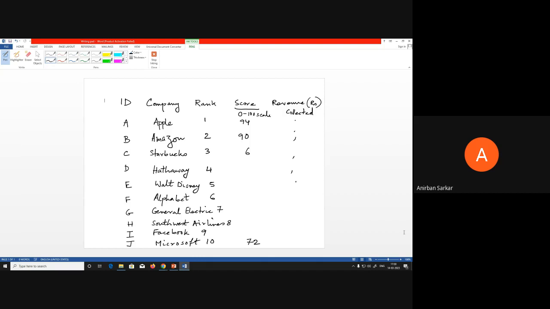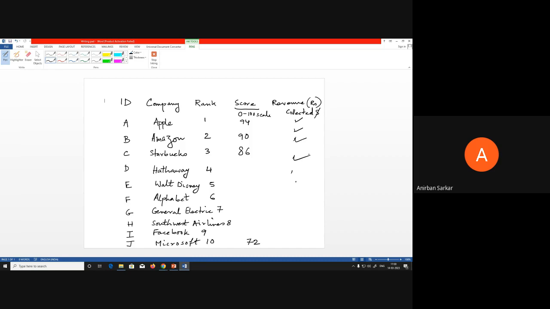Similarly, Starbucks has the third rank with score 86, likewise. And revenue collected, say in rupees or dollars, throughout a particular year. Of course, it will be a huge number.